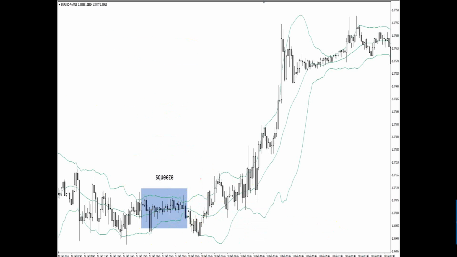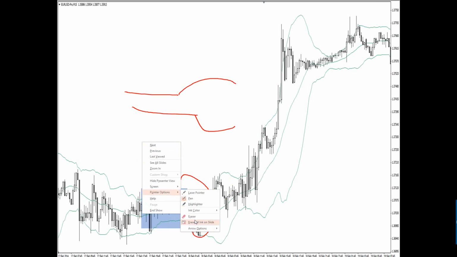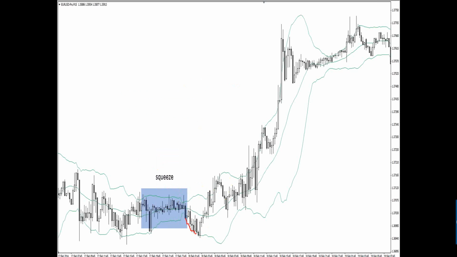It is called divergence because after the squeeze, there is divergence of both Bollinger Bands, the top and the bottom one. So if this is a squeeze, this is divergence. And usually that divergence is telling us where the price is going to go. Okay? But that squeeze can also be followed by a false breakout, effectively trapping traders in a bad trade unless they exit from the market.